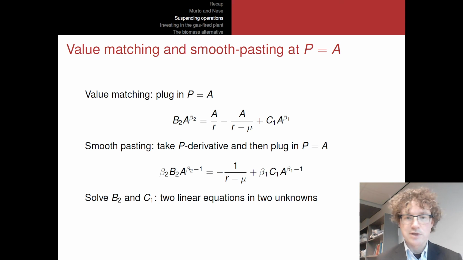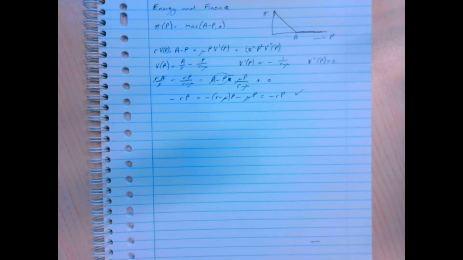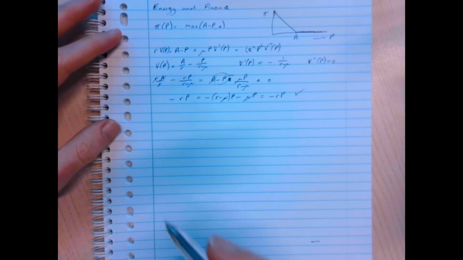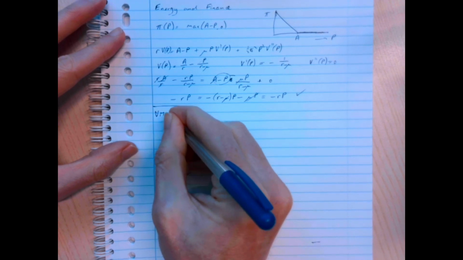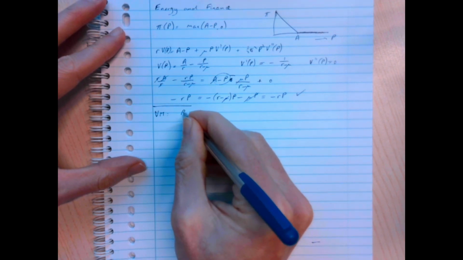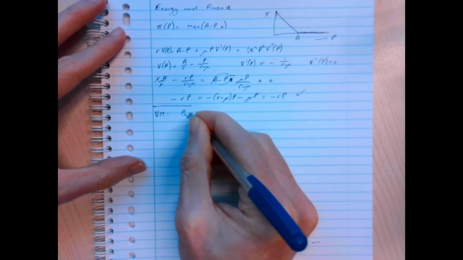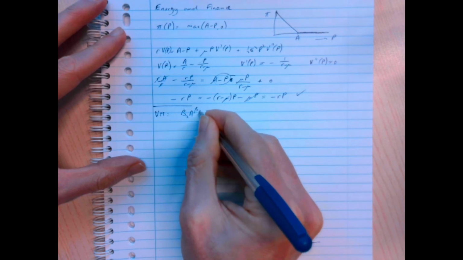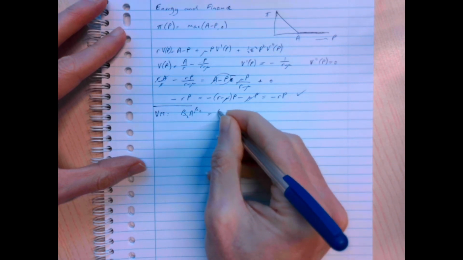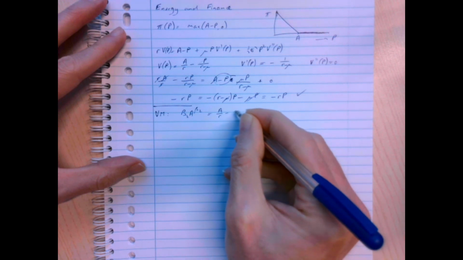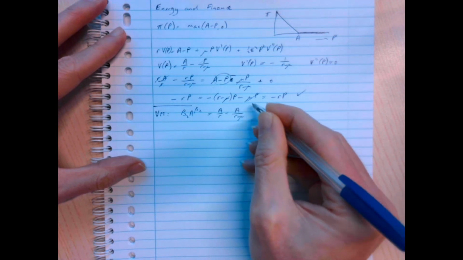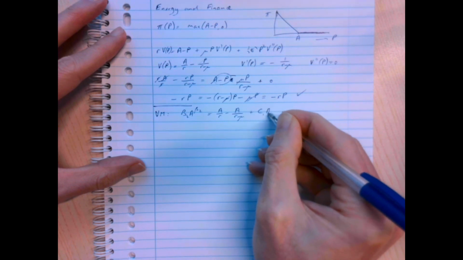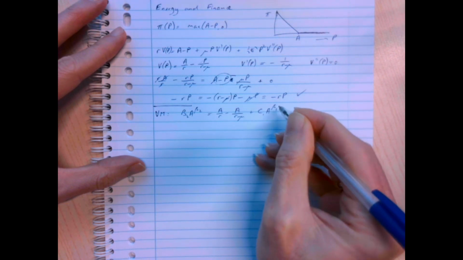So let me do one of those actually on paper. So let me write down those equations again. So the value matching equation was this one. B2 times A to the power beta 2 equals A over R minus A over R minus mu plus C1 A to the power beta 1.